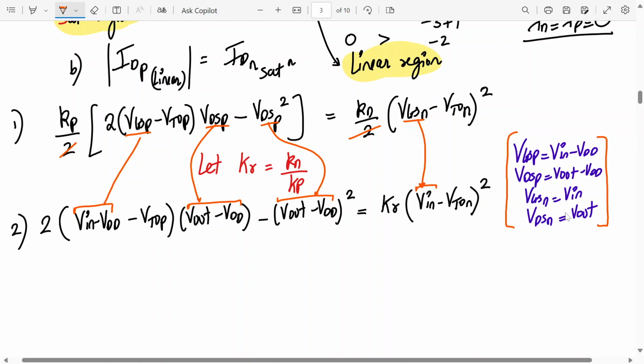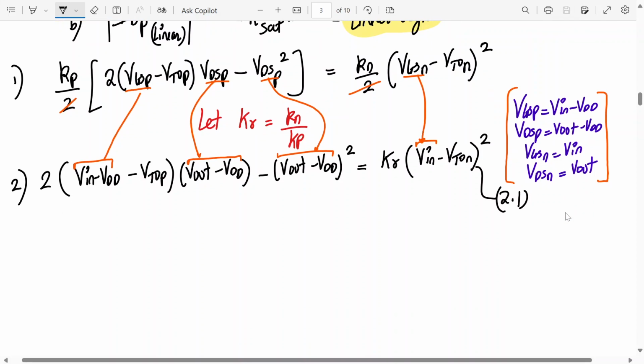Let me call this equation number 2.1. This equation is very handy. It will come into existence later on, but let me box it with yellow color. We got it just by equating IDP linear to IDN saturation. That's it, nothing else.